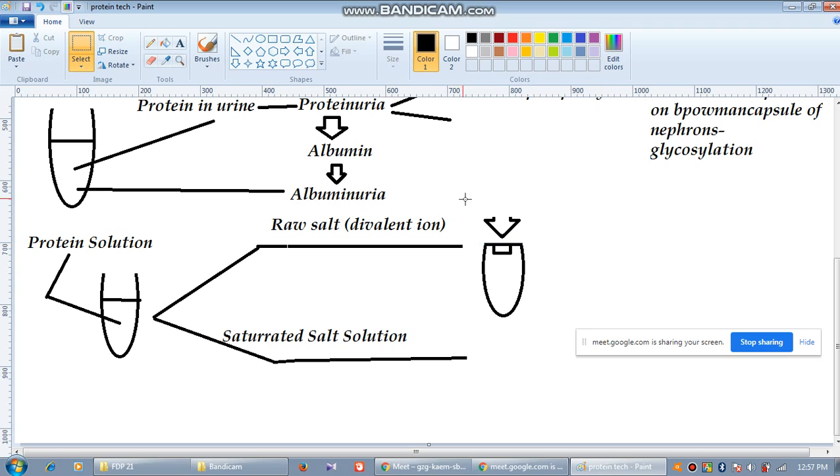Something like this, although not proper. So what we will get is a precipitate in the first go itself. Okay, so we will get a precipitate after addition of raw salt.